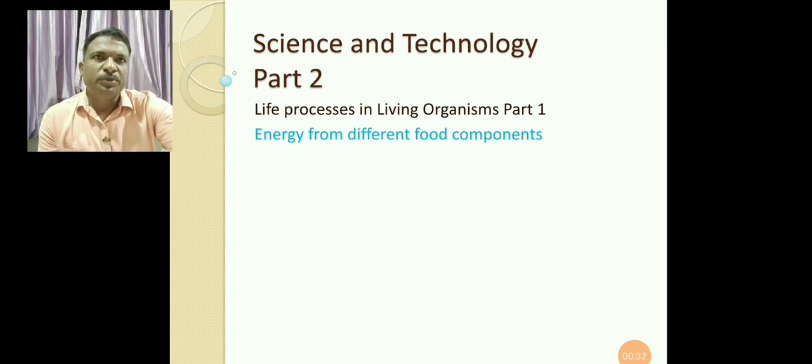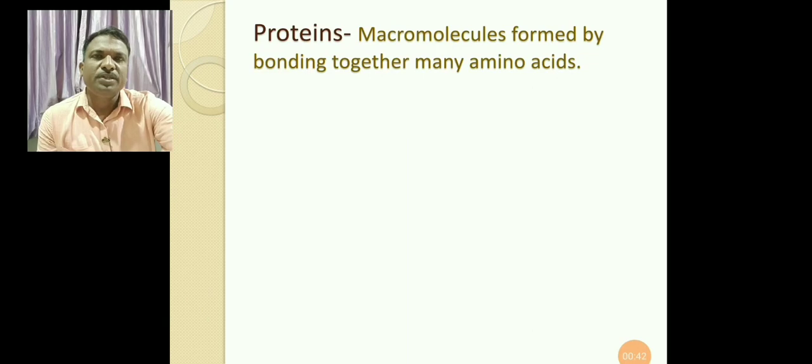After watching this video, you will definitely understand how different food components are responsible for our energy. The first food component is protein. So what is protein? Protein is a macromolecule formed by bonding amino acids, different types of amino acids, in a special manner.